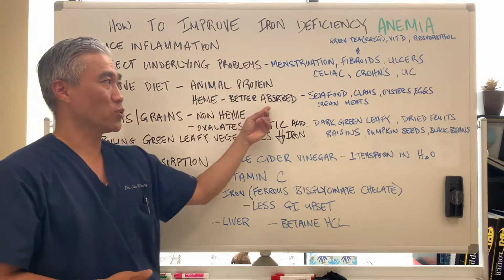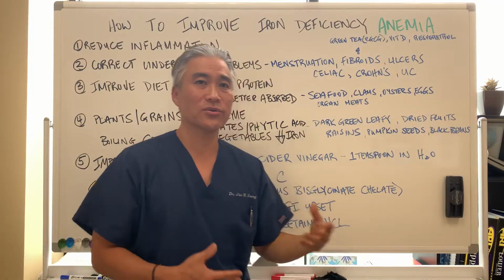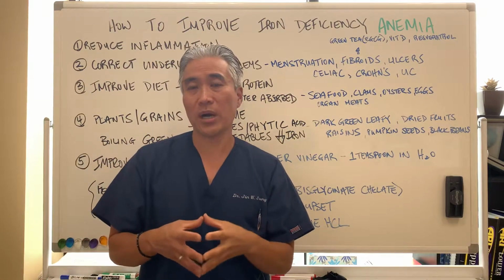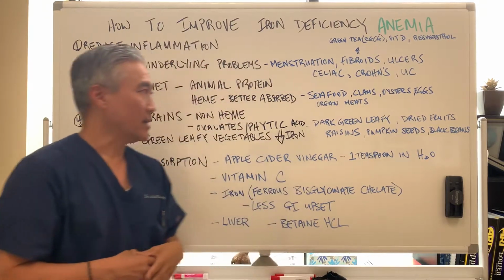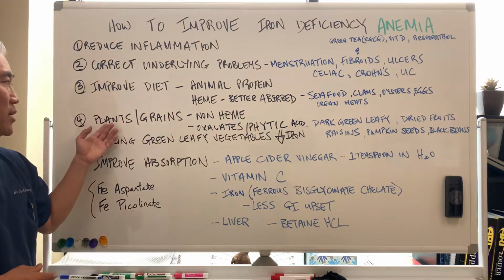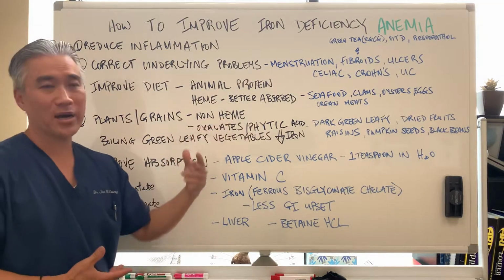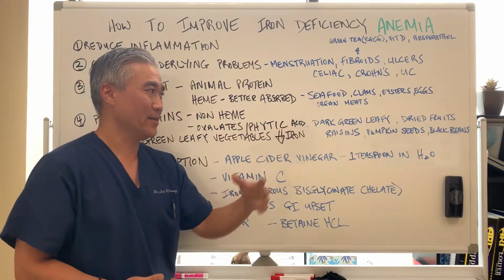Heme is better absorbed and it's found in seafood, clams, oysters, red meat, and organ meats especially. So having proper levels of iron in food is very important. Now, if you're a vegetarian and you're eating mostly plants, grains, etc., you're going to have non-heme iron, right? And there are also oxalates and phytic acid in there.